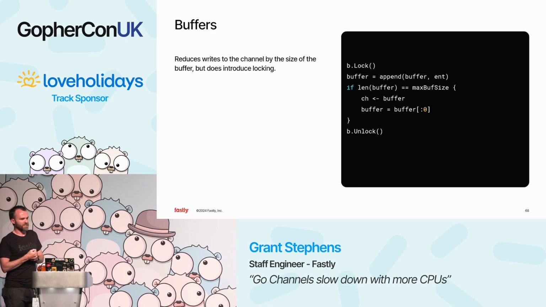Essentially what you end up doing is you take more control over the locking that you're doing. So we define a buffer, then when we get a message, we append that message to this buffer. So you're not sending anything on the channel yet. When we get to our buffer size, which, say, we set to 10, then we take that whole buffer, all 10 messages, group those together as a slice of the messages, and send those on the channel.